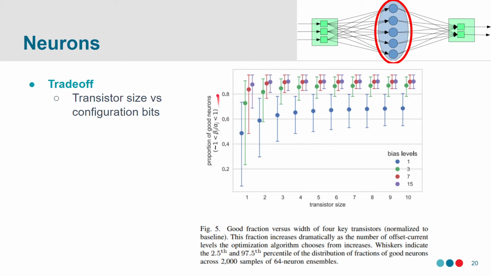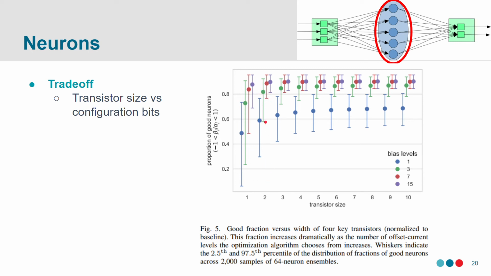So what we're plotting here is the proportion of neurons that will be inside that cone as we adjust our transistor size and our number of bias levels. It turns out that even with pretty small transistors and 7 levels of bias, I can rescue most of them. I get a little bit of diminishing returns as I crank up my transistor size.